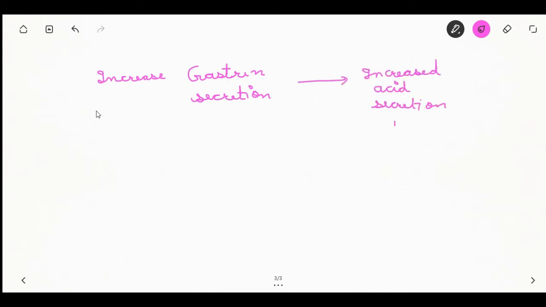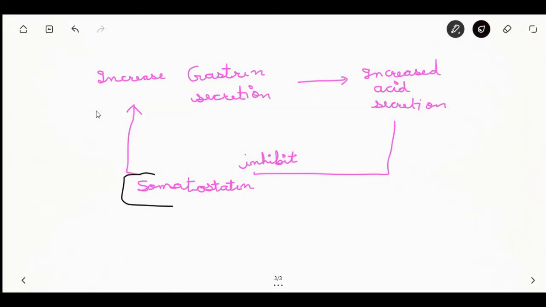This increased acid secretion causes somatostatin to inhibit the gastrin secretion. So from an exam point of view, you have to remember that somatostatin will inhibit gastrin secretion.